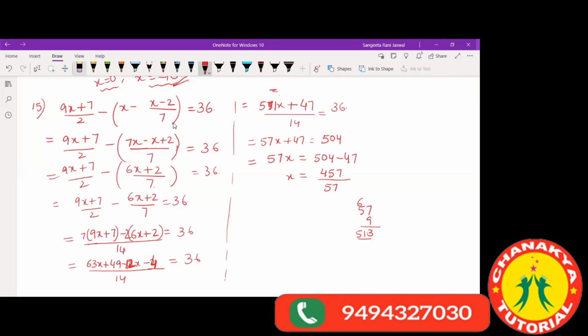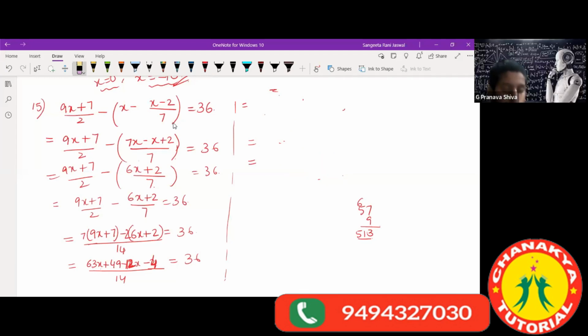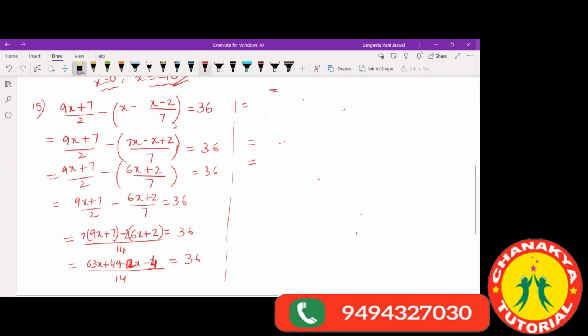Then check your calculation. Ma'am, actually, 51x plus 45. Okay, see, this is 63x plus 49 minus 12x minus 4.